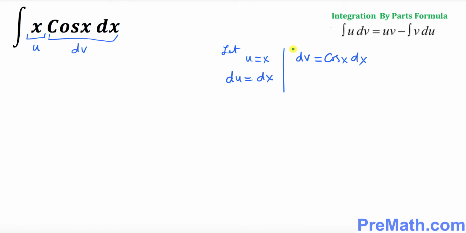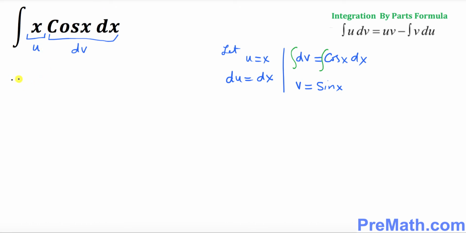I want you to take the integral on both sides. We're going to see over here d and integral undo each other. We get v equal to the integral of cosine, which is simply sine of x. So let's take care of over here.